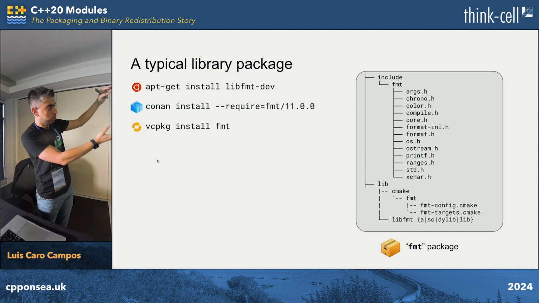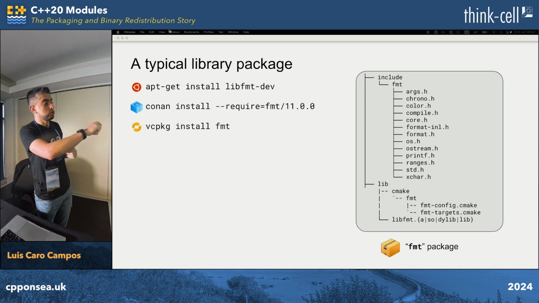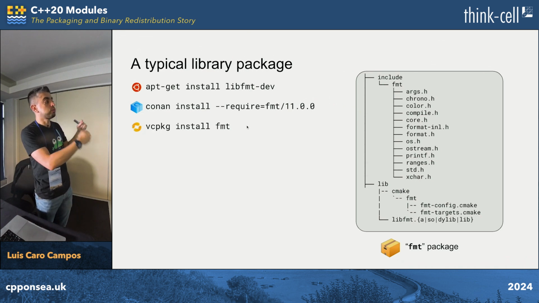So we have the header files. We have the library file if fmt was built as a library, and it could be a static library or a shared library. And also, especially in the case of fmt, we may have the fmt config CMake file, which has all the meta information for CMake to consume it. That's pretty much the process in any of these packaging solutions, and that's what the package looks like today.